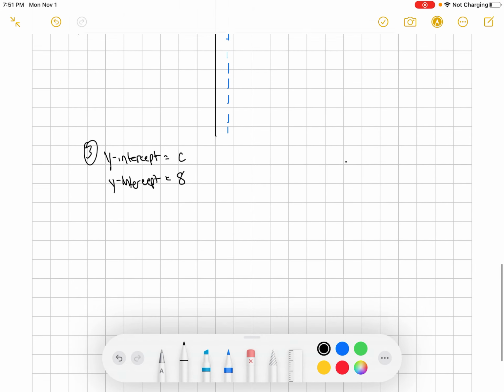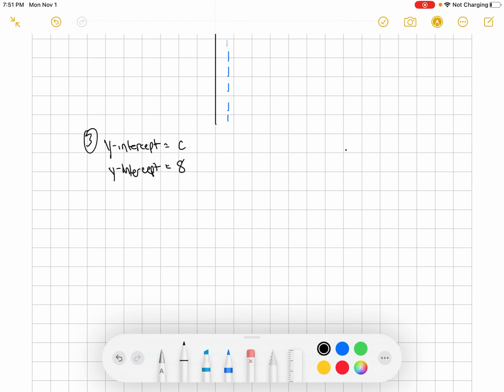All right. Now we want to find the vertex. That is it's either your minimum or maximum point.